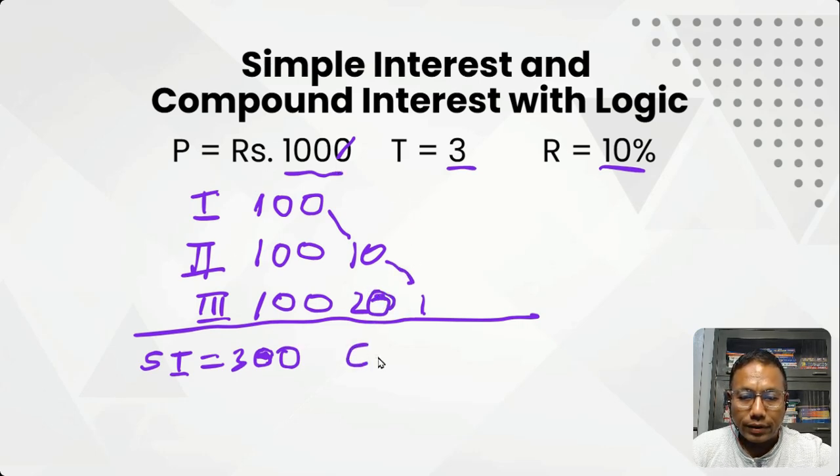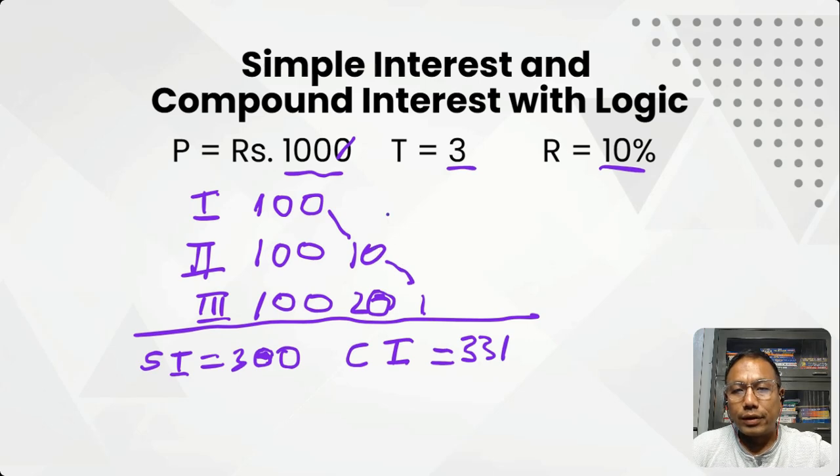What is the compound interest? Compound interest is 100 plus 100 plus 100, 300, 10 plus 20, plus 1, 31. The sum of all this is 331.